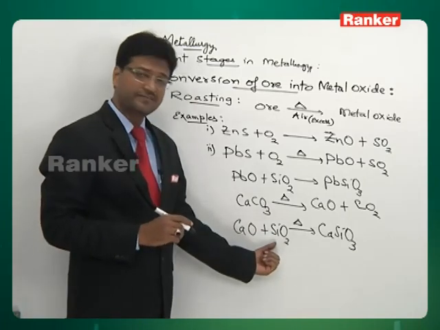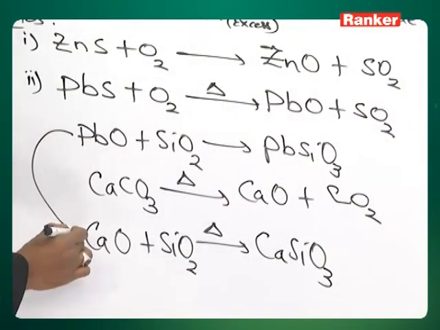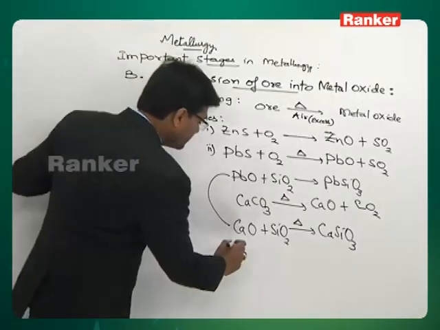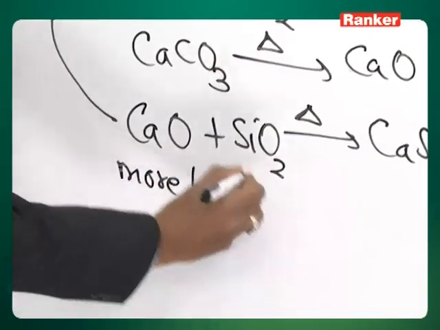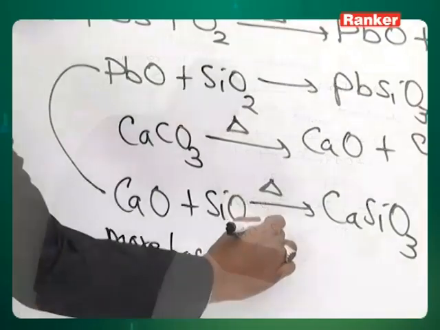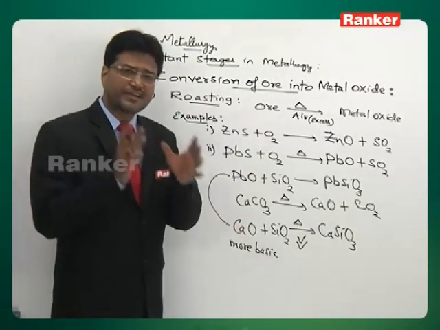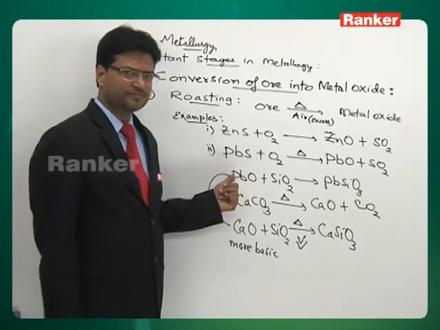It will prefer reacting with SiO2 to give CaSiO3. So there becomes a competition between these two to take place. Calcium oxide is more basic in nature than PbO. So this reaction takes place in preference to this reaction. So in this way, it is possible to avoid wastage of PbO.